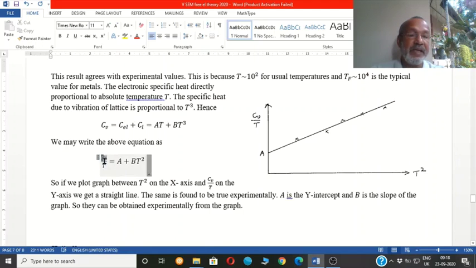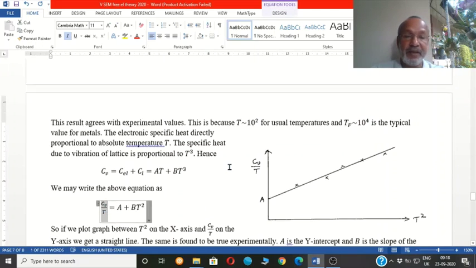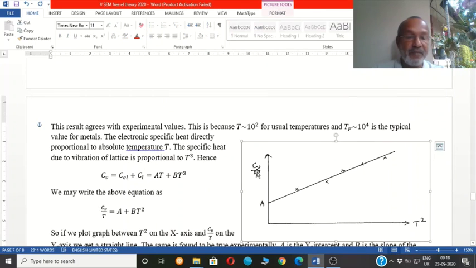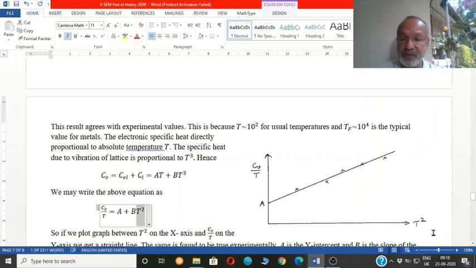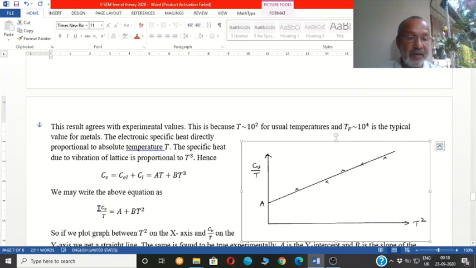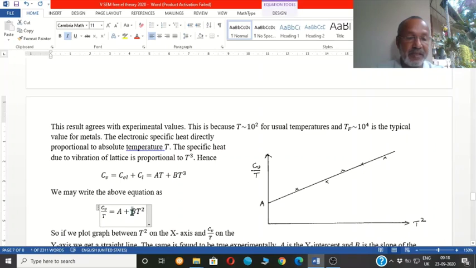This is y, that is C_V by T. You can see it here. And T square is x. So this is b into T square plus a, or c.